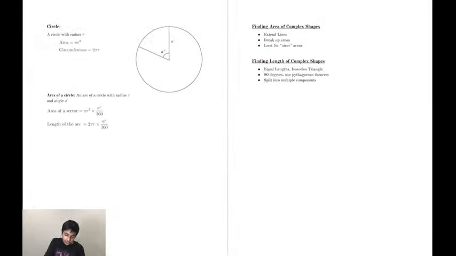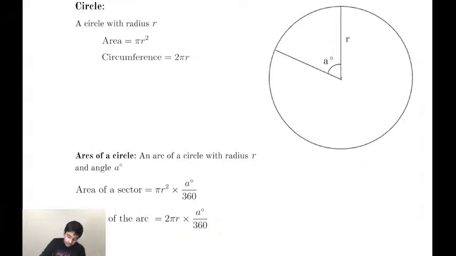And also the area of a circle is pi r squared, and the circumference of a circle is 2 pi r. The reason the area of a circle is pi r squared is, if you have a circle, you can imagine splitting it up into infinitely small arcs. Many infinitely small arcs.